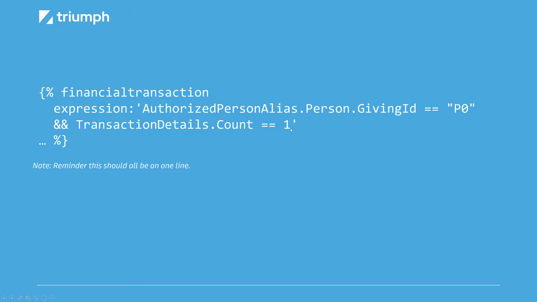So if I want to only get all the financial transactions where they only gave to one account, I could do that. Whereas before there's no way I could have done that in the filter. I would have had to write a ton of Lava to check to see how many there were, and I'd be bringing back a ton of data I simply did not need. But now you can.